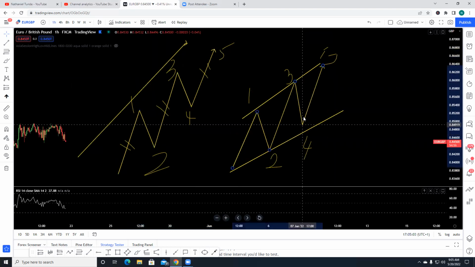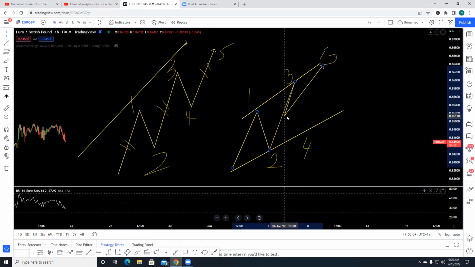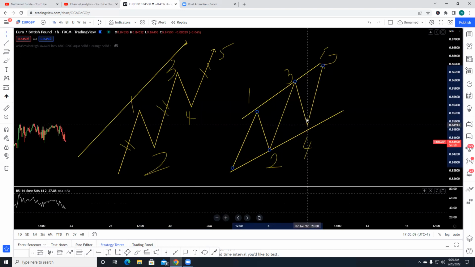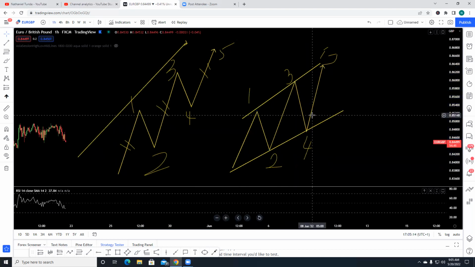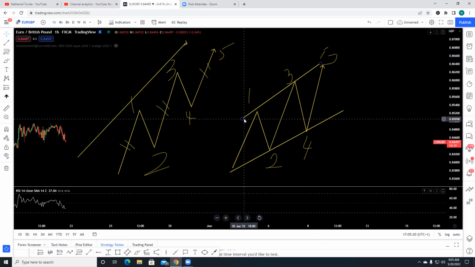But where wave 4 comes into the territory of wave 1, as you have in a diagonal here, it becomes a diagonal. Do you understand? That is the only difference between an impulse and a diagonal.